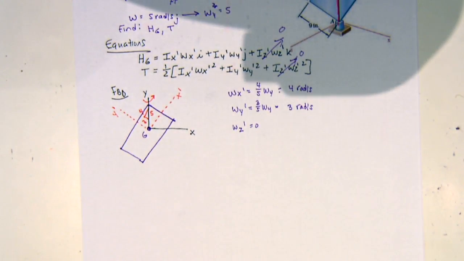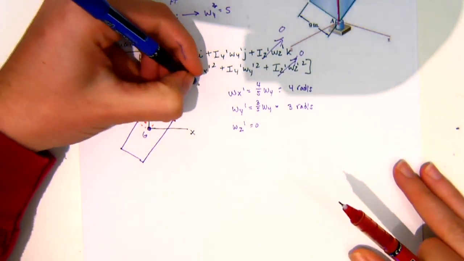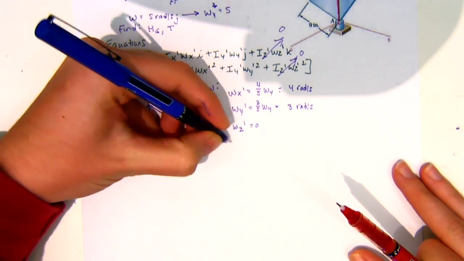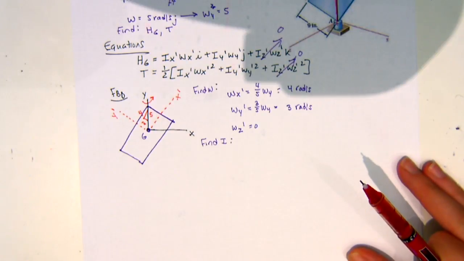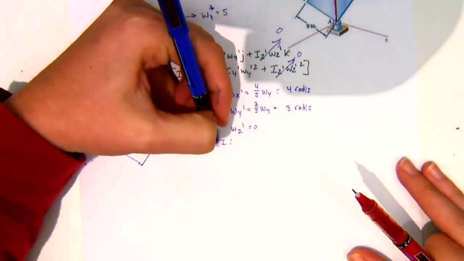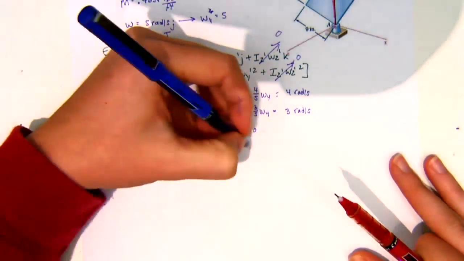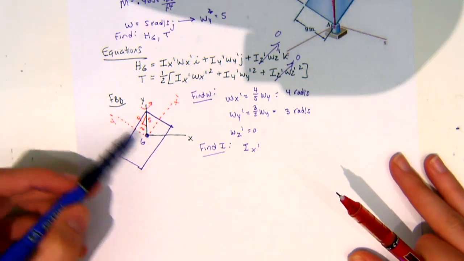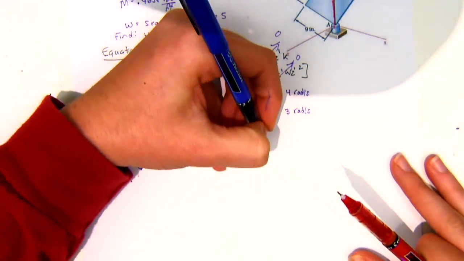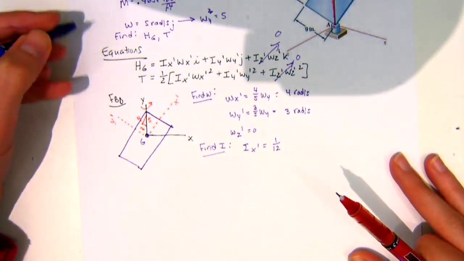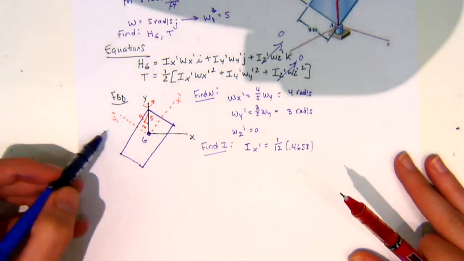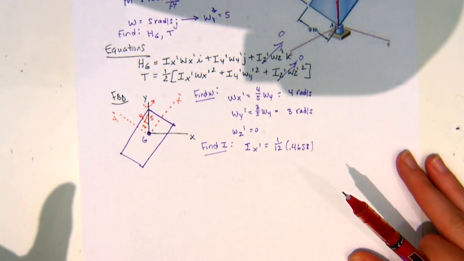So we also need to find our Ix prime and our Iy prime for this problem. So find omegas, find I. Once again, I always write my equations first, then I find everything that I need to plug into those equations. So for I x prime, I'm looking at the rotation about the x prime axis. I'm going to have 1 over 12 times the mass, which is 0.4658, times the height of it, so the y component.